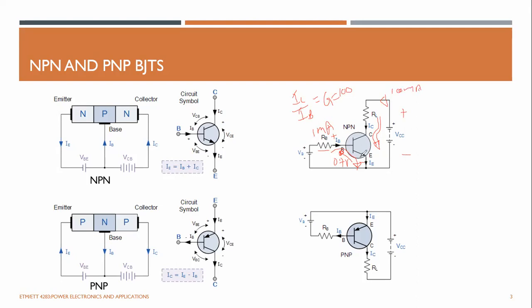Just feeding 1 milliamp across the base emitter will allow 100 milliamps of current to flow from collector to emitter. This is the basic principle of operation of an NPN type BJT.